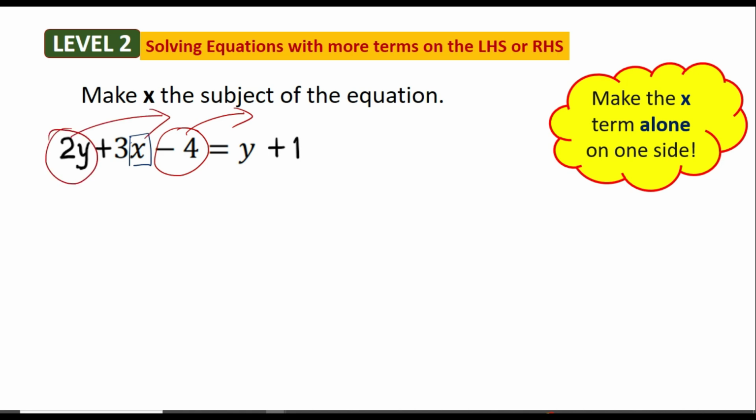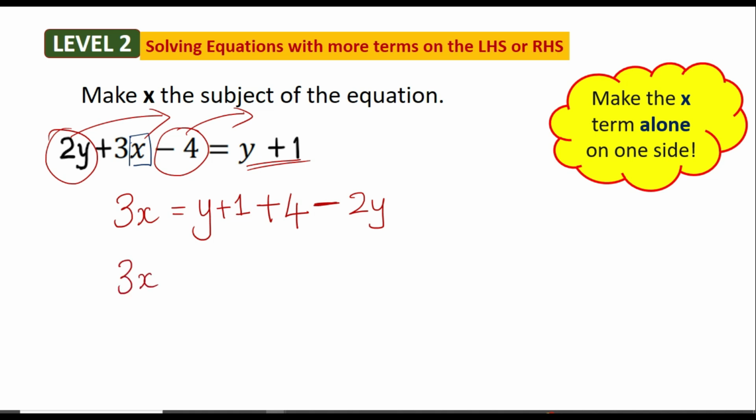So I'll have just 3x here, and on the right hand side I have y plus 1 already present. Now minus 4 shifted to the other side becomes plus 4, and here plus 2y. If there is no sign, it just means it is a positive value. So plus 2y shifting to the other side becomes minus 2y.